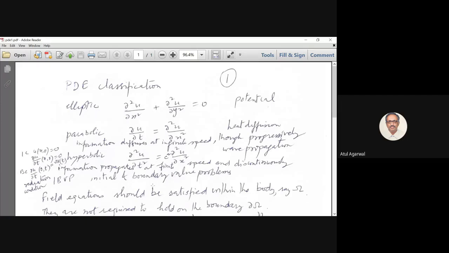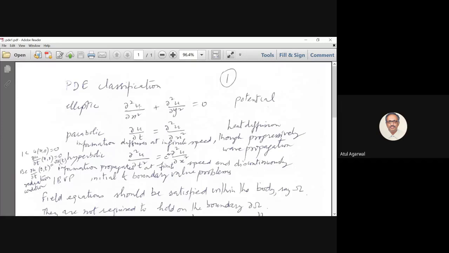These are called initial and boundary value problems. You give initial conditions and boundary conditions. For example, for the elliptic differential equation, you have to give boundary conditions, displacement or derivative of displacement at the boundary.